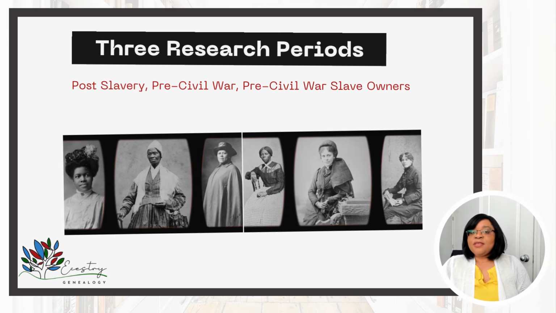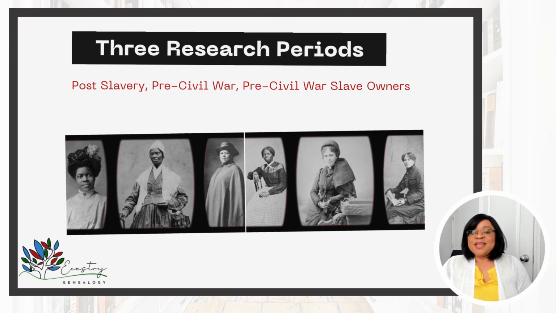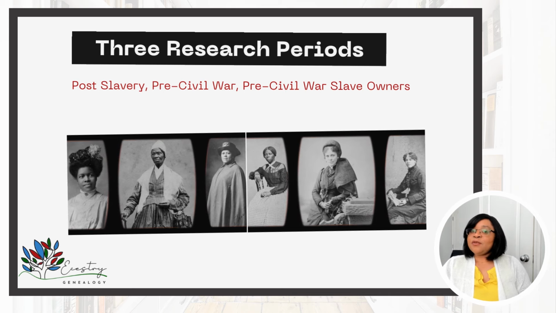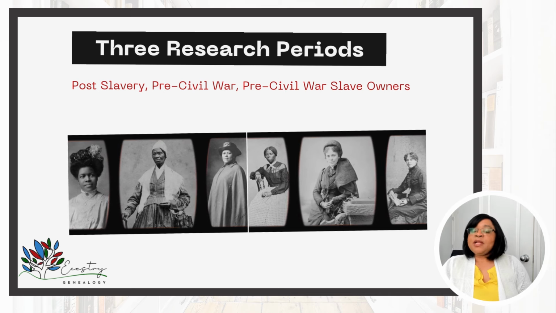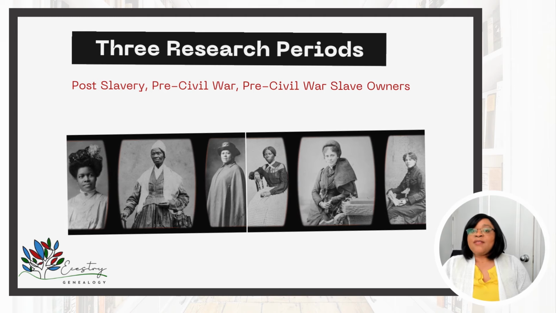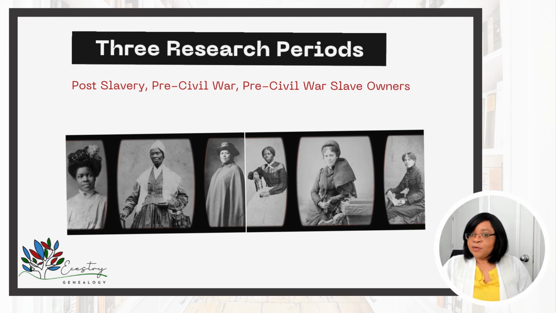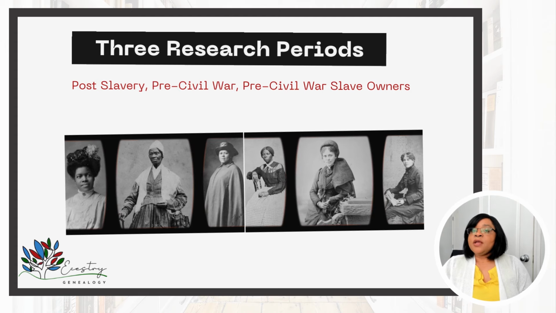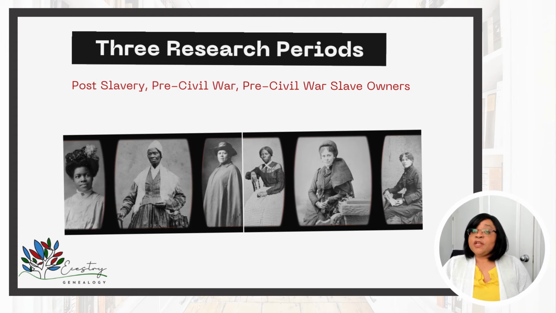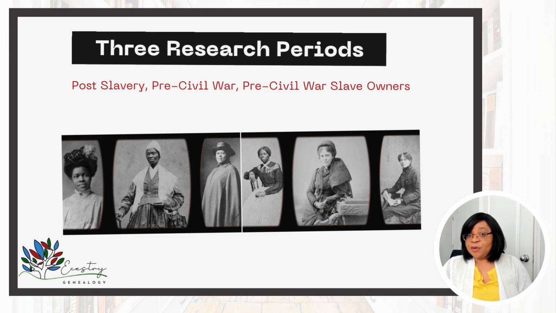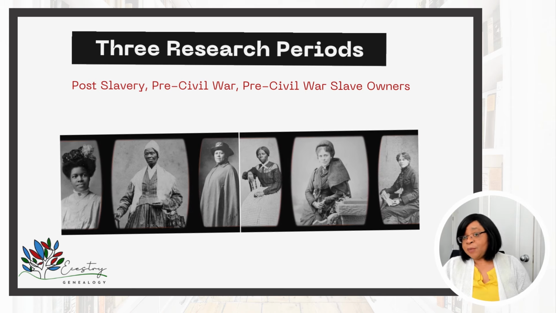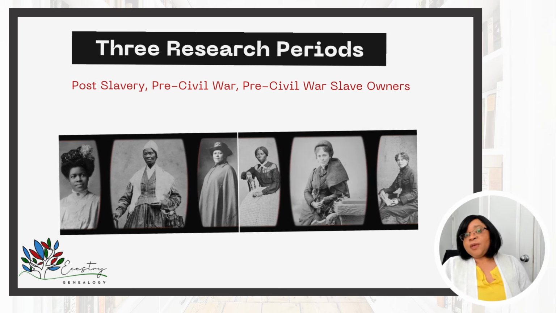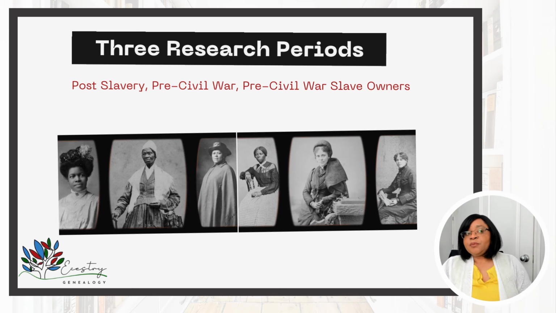And then the third time frame is the same as the pre-Civil War period, but it is researching the people who may have owned your ancestors if they were slaves. So that's three distinct time periods to me, because there are different techniques that you need to apply for each time period if you are researching African American genealogy to get you the best information possible.